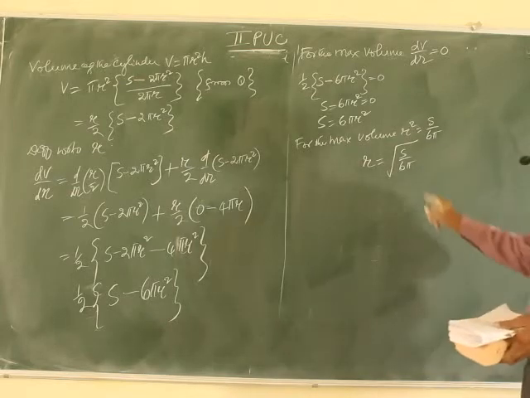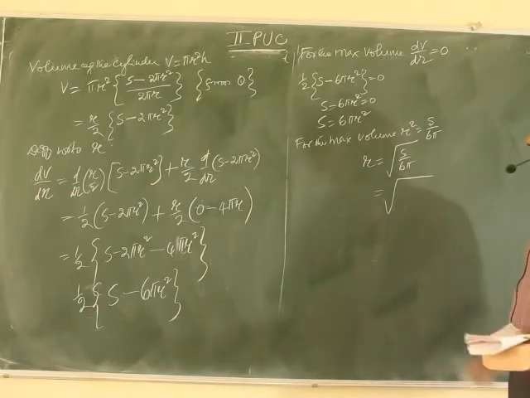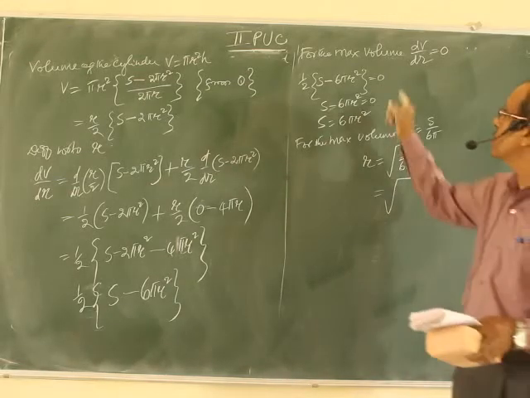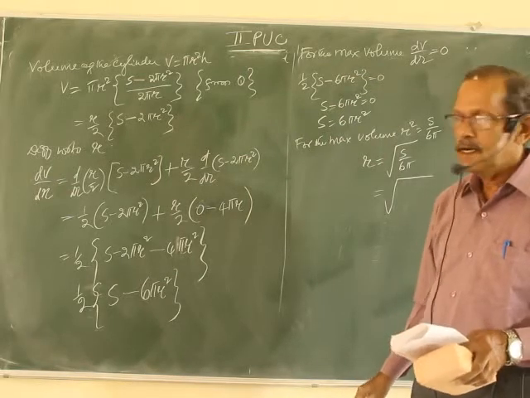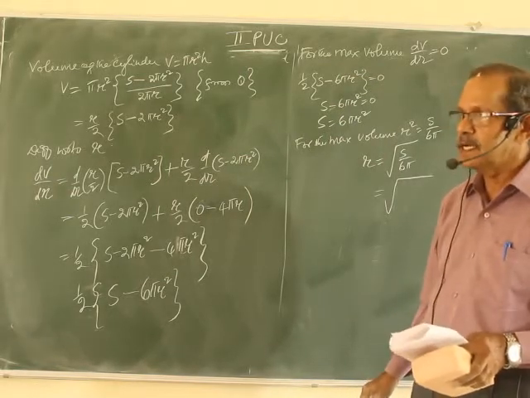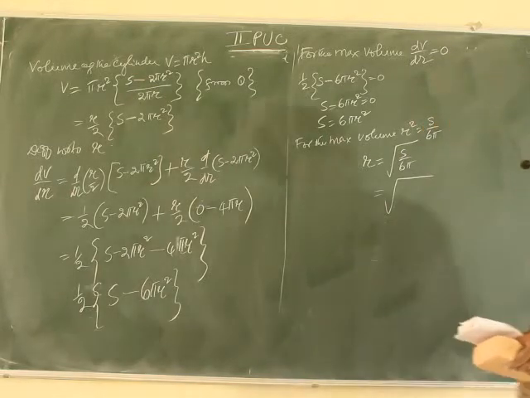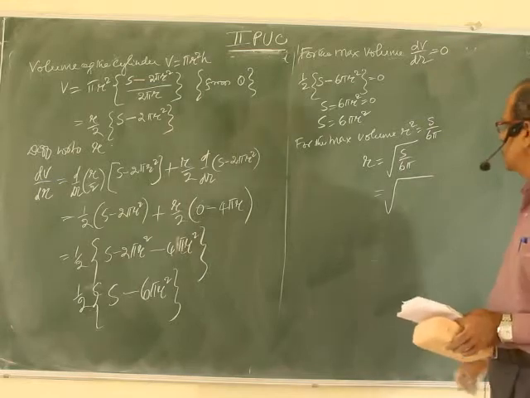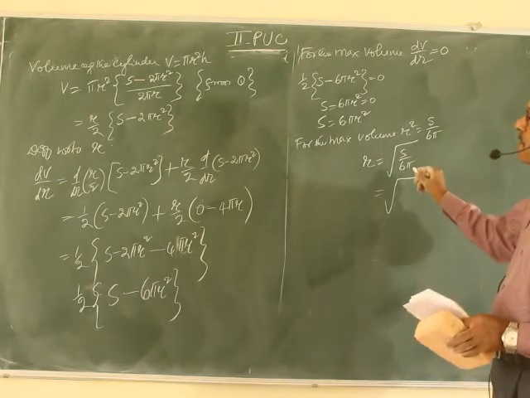Now, here instead of S, bring it back in terms of h, because we need the relation between h and r. Height of the cylinder is equal to the diameter, like that, no? Height of the cylinder is equal to the diameter. What is the formula for S?